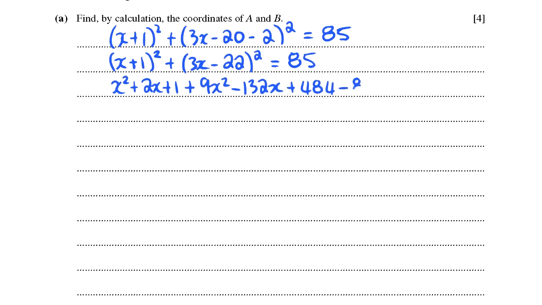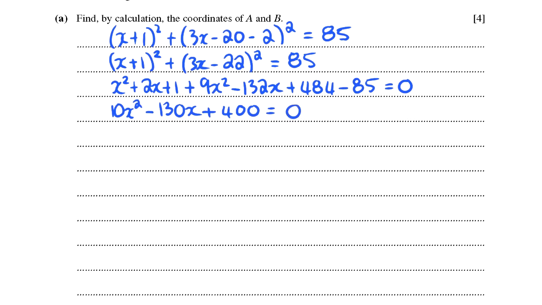And let's subtract the 85 and make it equal to 0. All right, combining like terms, we have x squared plus 9x squared becomes 10x squared. 2x minus 132x is minus 130x. 1 plus 484 is 485, minus 85 is just 400. Oh, that turned out nicely, and that equals 0.